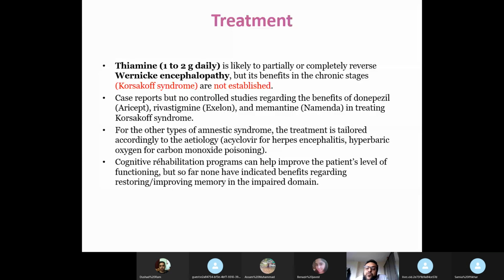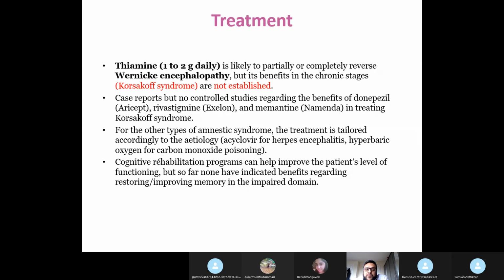For other types of amnesic syndrome, treatment is tailored according to the etiology. If it is due to herpes simplex, you can give antiviral agents, for example acyclovir, and cognitive rehabilitation programs can help improve the patient's level of functioning.